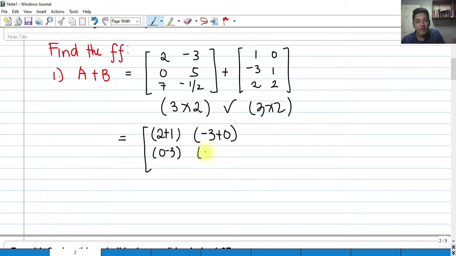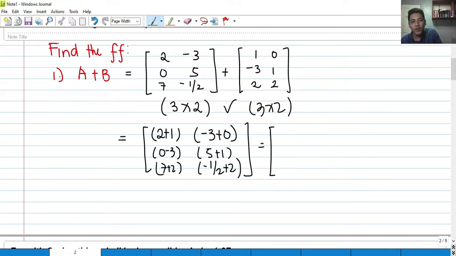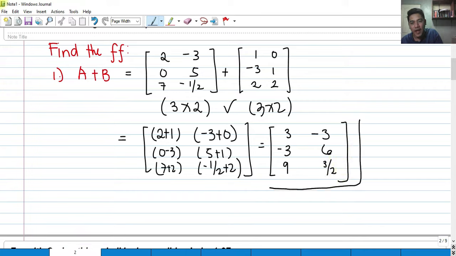So we have 5 plus 1, 7 plus 2, and -1/2 plus 2. Evaluating it, 2 plus 1 is 3, -3 plus 0 is -3, 0 minus 3 is -3, 5 plus 1 is 6, 7 plus 2 is 9, -1/2 plus 2 is 3/2. So this should be our answer.